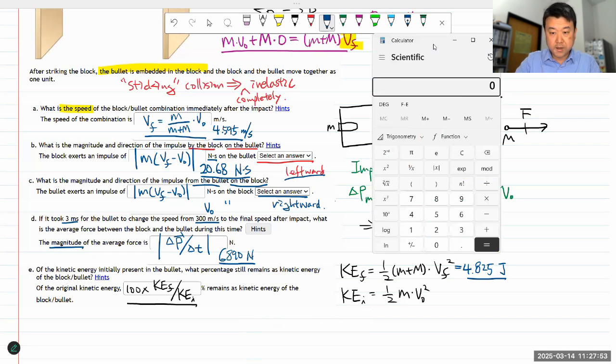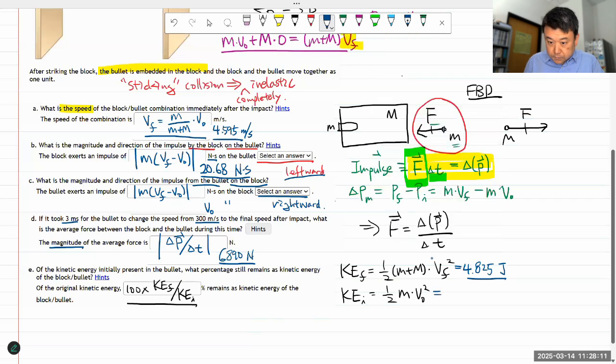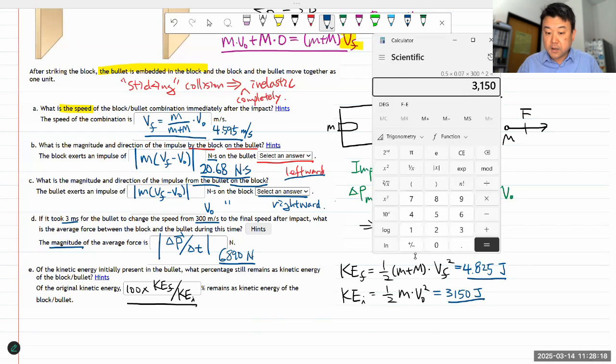For the initial kinetic energy, it should be 0.5 times the mass, which is 0.07 kilogram, times the initial speed squared, 300 squared. So 3,150 joules. Let me double check. Now, it shouldn't surprise you that the initial kinetic energy is bigger than the final kinetic energy, because in an inelastic collision you lose energy.